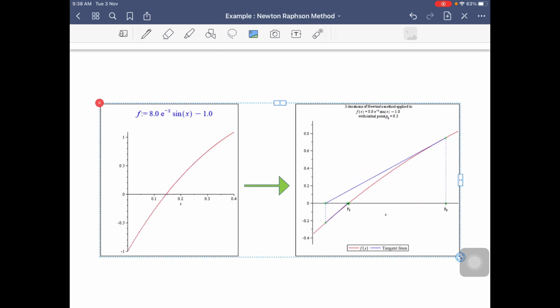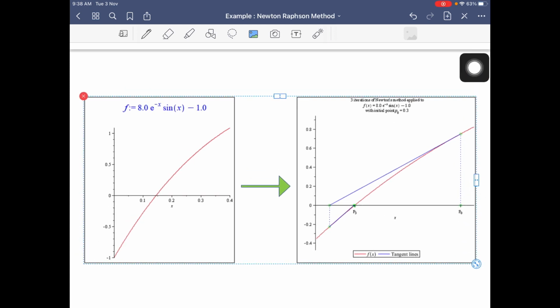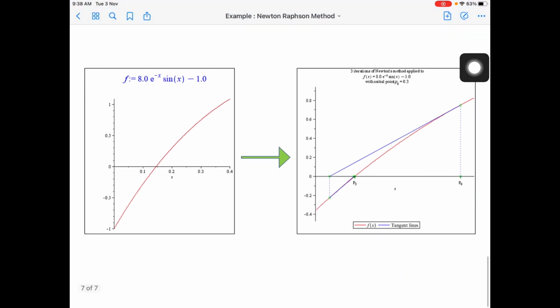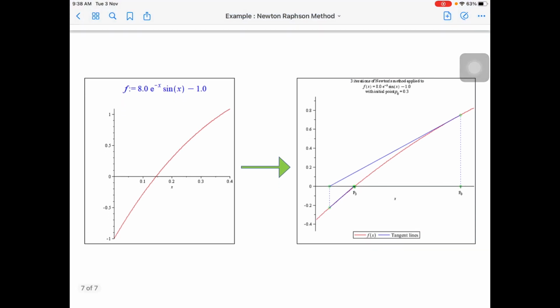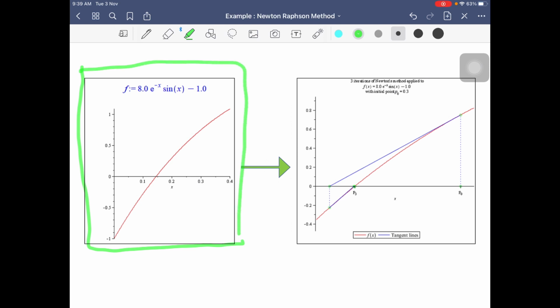If I plot by using Maple, saya plot dengan guna Maple, basically this is the idea. This is our function, and if you plot your function, you will get this curve.